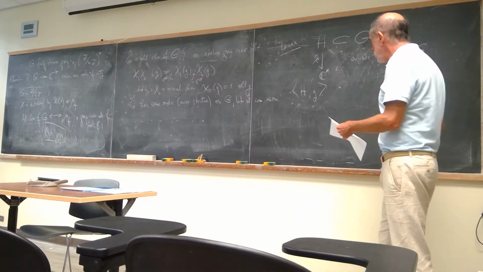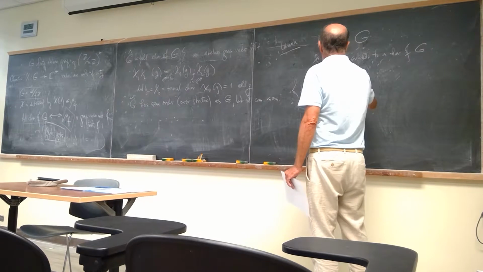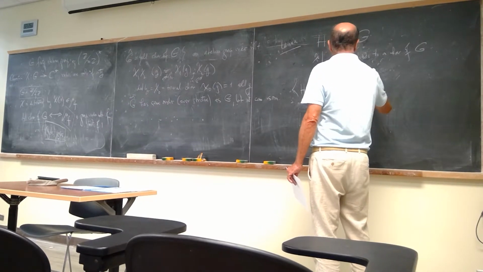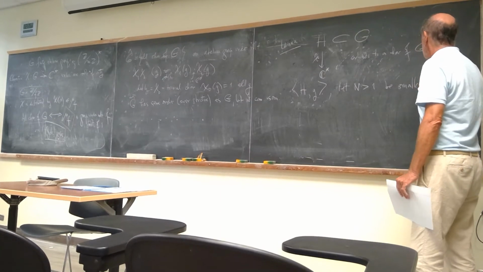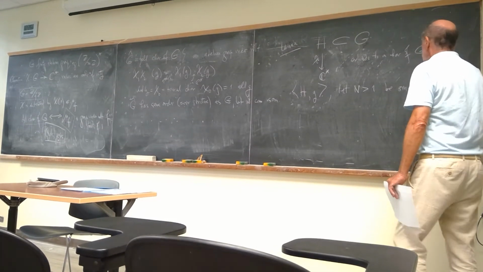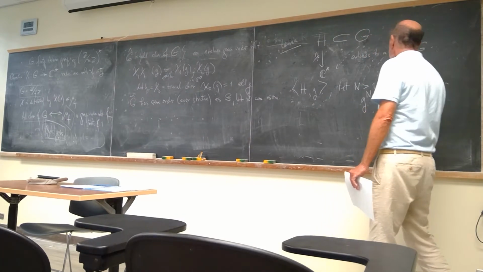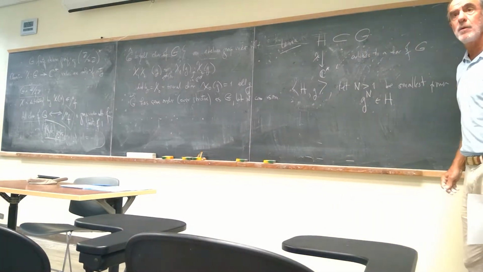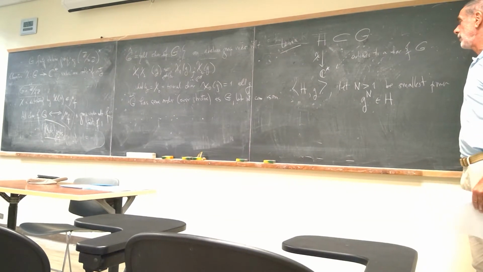Well, this element g is not in H, so let n bigger than 1 be the smallest power such that g to the n is an element now in our subgroup H. Okay? There has to be some power because we're talking about finite groups.